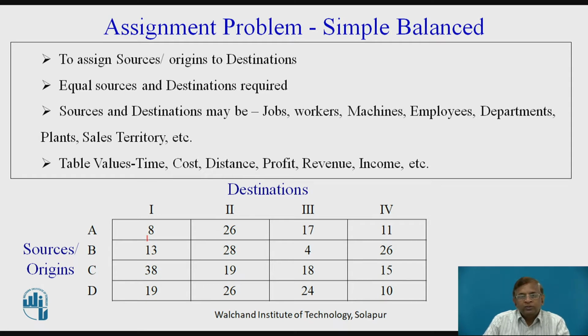And the values in the table, which are symbolically denoted as Cij, could be time, cost, distance, which normally we take for minimization, and could be profit, revenue, income types of parameters which we take for maximization. These we have discussed in the previous video in detail.